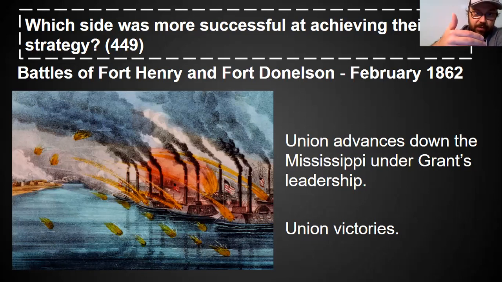And with that aggressive approach, not holding anything back, and Grant has this mentality to a degree, but he has his kind of right-hand man, this dude named William Tecumseh Sherman, which we'll talk about more a little bit later on. He's one of my favorite people in all of American history because he's just a crazy person. There's more people kind of in the Western theater from the Union side that aren't kind of the mindset of like, oh, you're our brothers, you're our fellow countrymen, we should be a little bit more gentle or whatever.